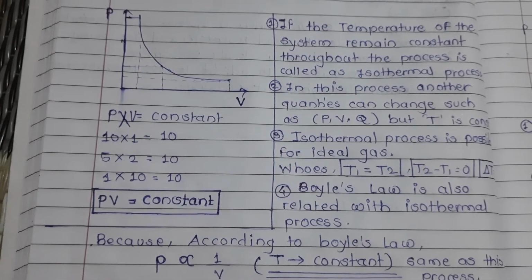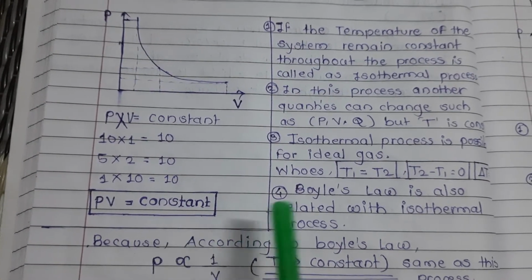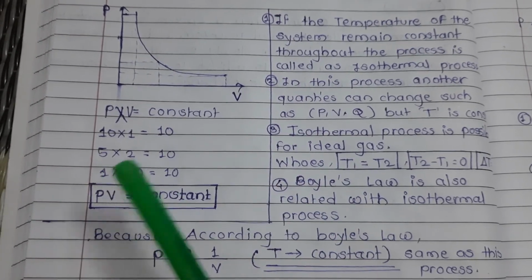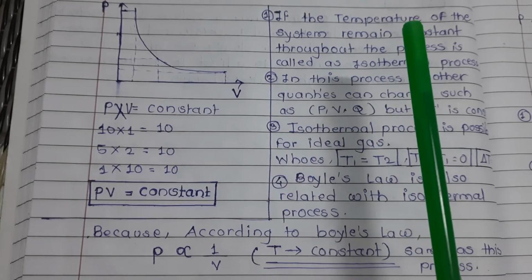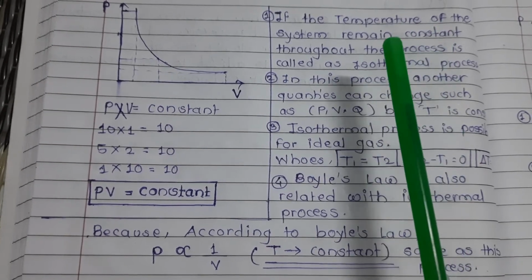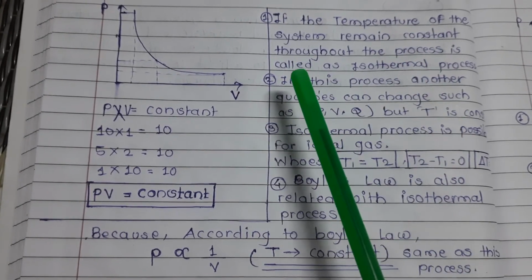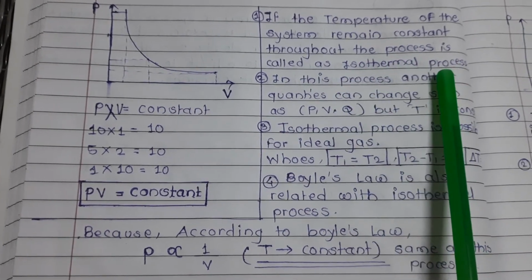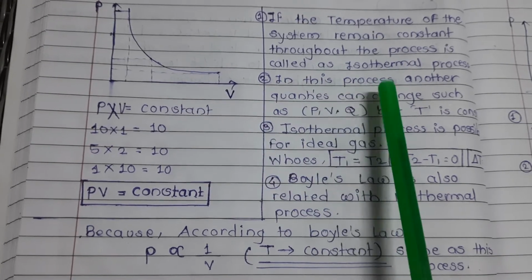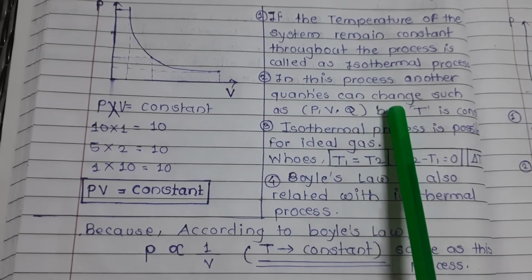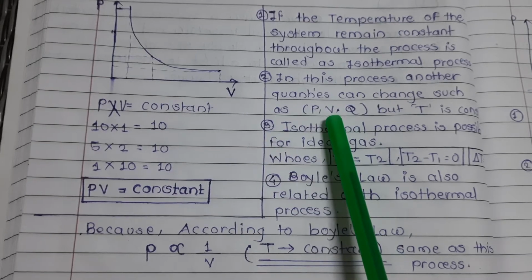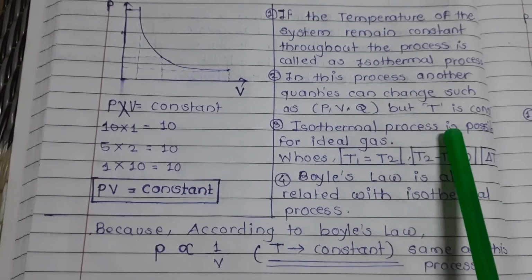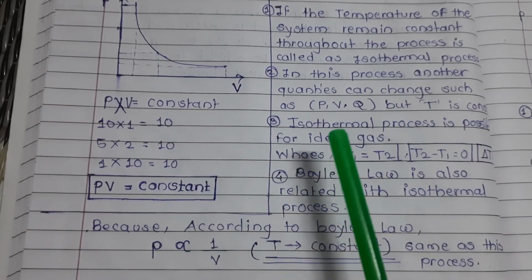Now we will discuss graphs and other important information. See, if the temperature of the system remains constant throughout the process, it is called an isothermal process. In this process, other quantities can change, such as pressure, volume, heat, but temperature is constant.